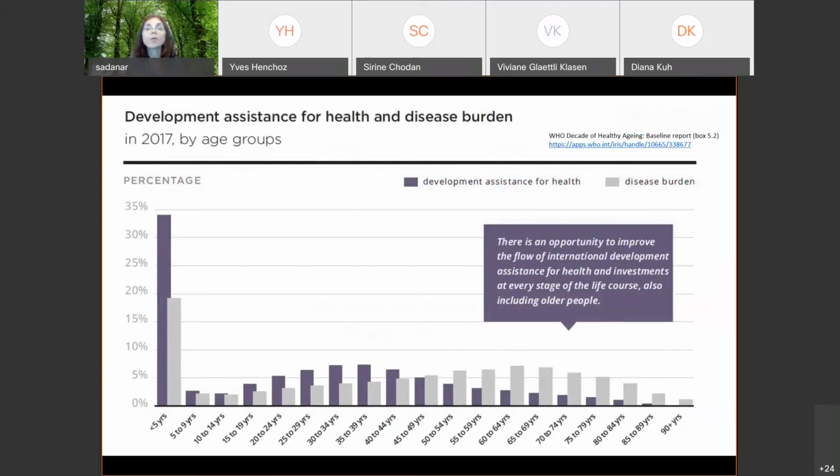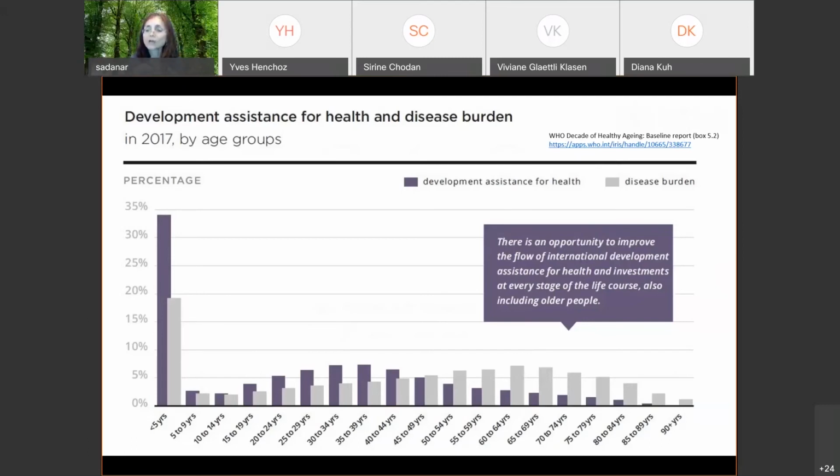And one of the things we did as a kind of simple approach to consider this is we did an update of an analysis that the Institute for Health Metrics and Evaluation did, where we just compared development assistance for health. So that's in the purple bars. So this is from high-income countries to low and middle-income countries.